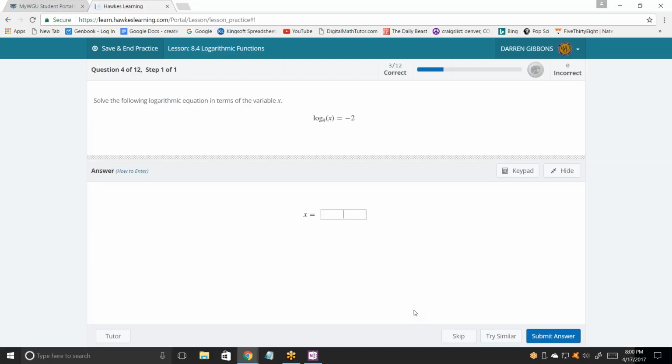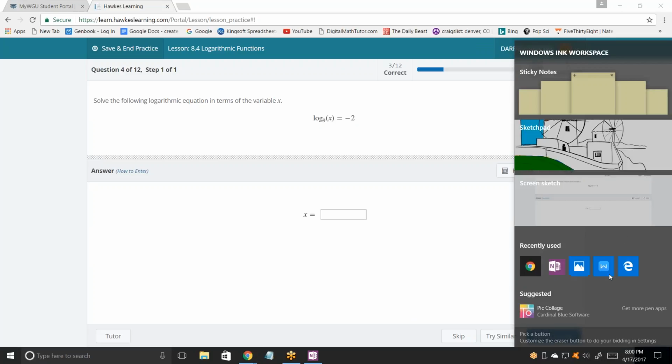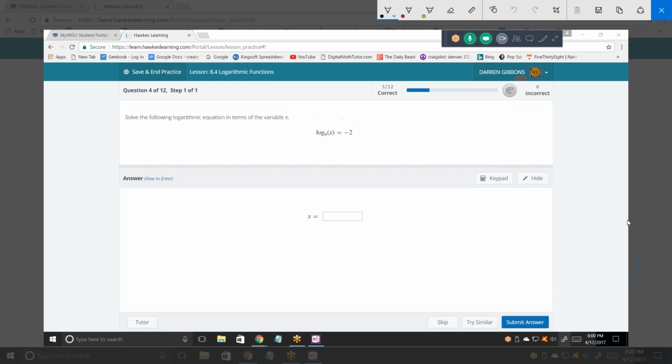Oh, this is a new one. So what's my exponential equation going to be here? 9 raised to the negative 2 equals x. Now rewrite that with a positive exponent.